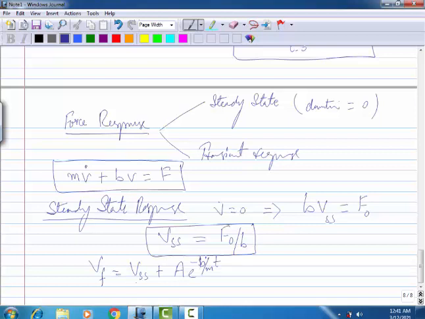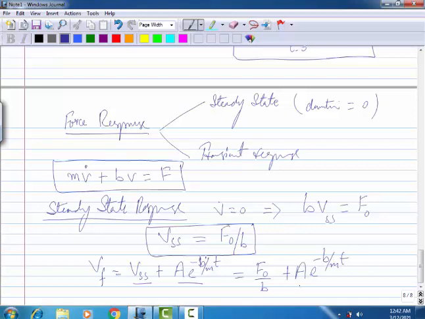So this is the force response: steady state response and transient response. We already calculated the steady state response, that is equal to F naught divided by B, plus capital A exponential minus B by M t.